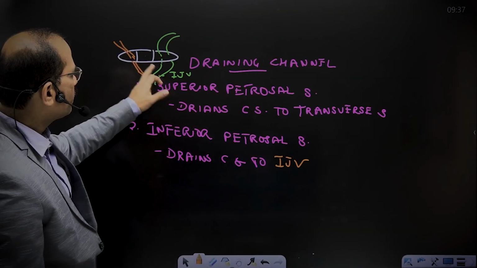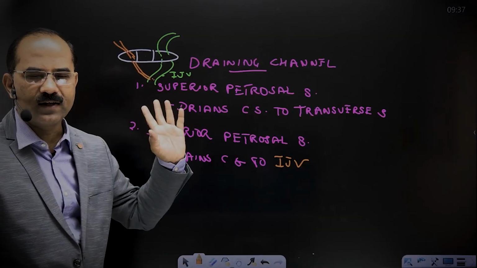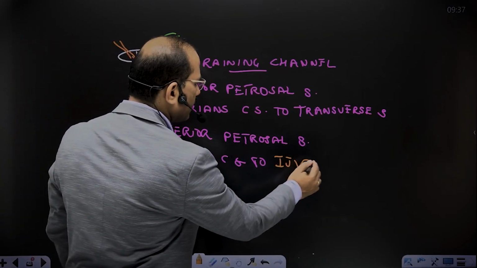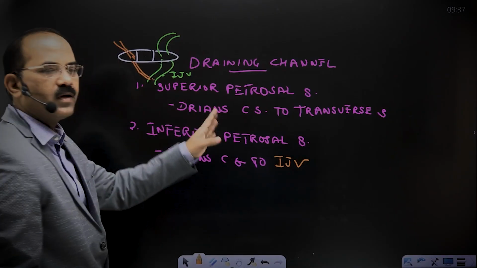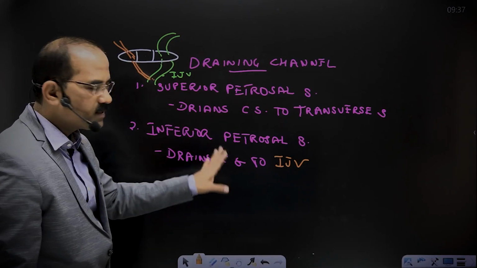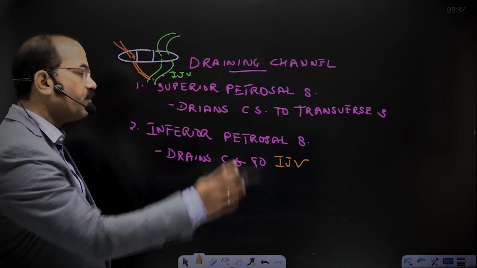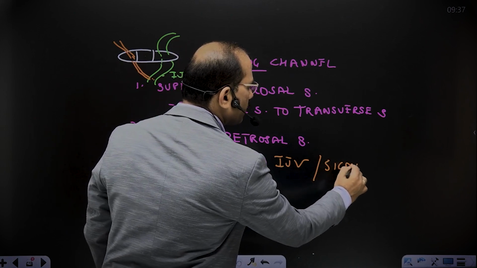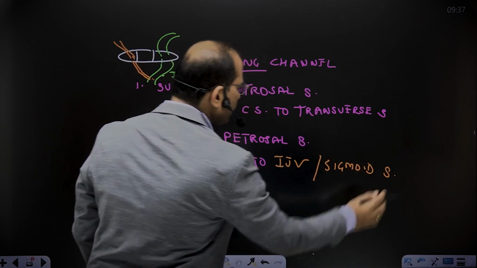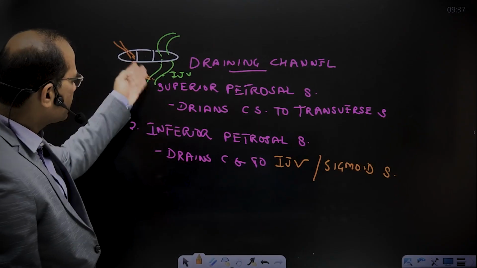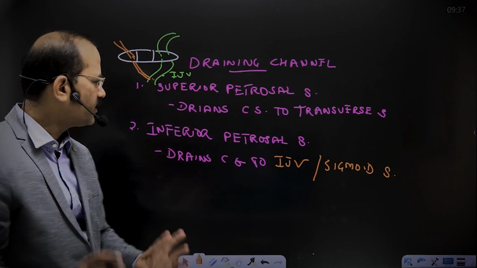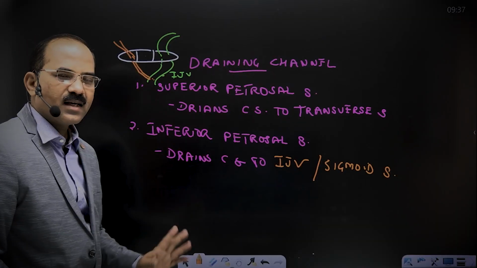So the inferior petrosal sinus connects the cavernous sinus to the internal jugular vein. If internal jugular vein is not in the option, it is going to be the sigmoid sinus. Suppose it doesn't get out of the skull; inside the skull, it will join with the sigmoid sinus. Just remember that. So that's the second draining channel.